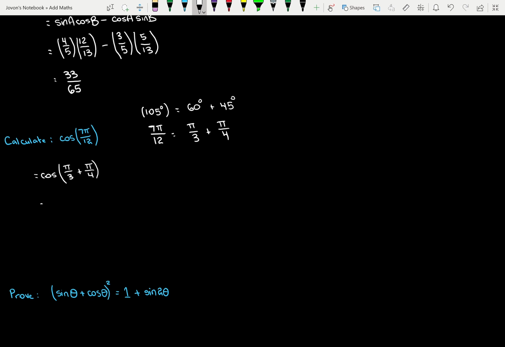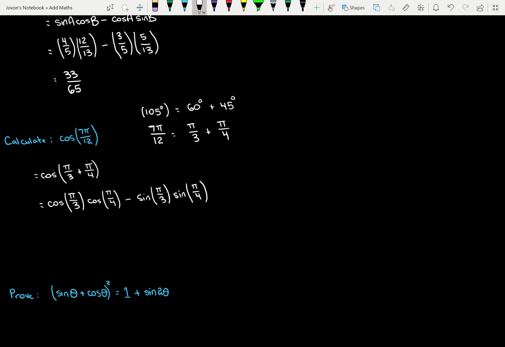If we expand this, it is cosine pi over 3 cosine pi over 4 minus sine pi over 3 sine pi over 4. Now you're supposed to know what these angles are in exact form.